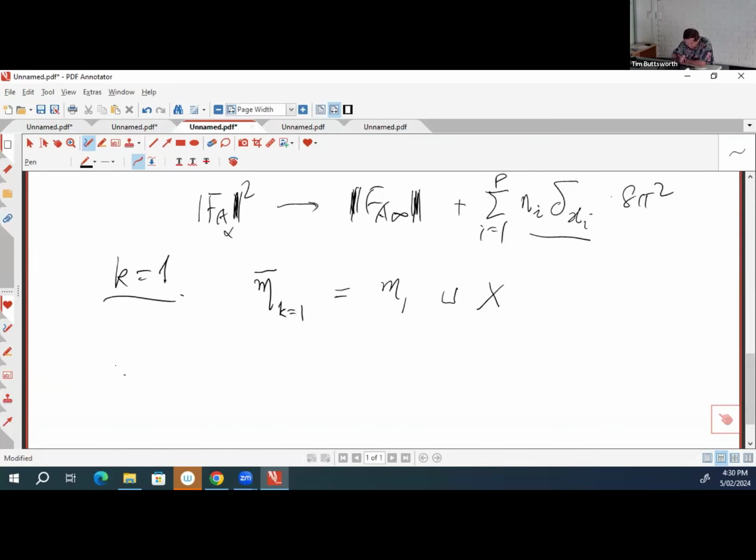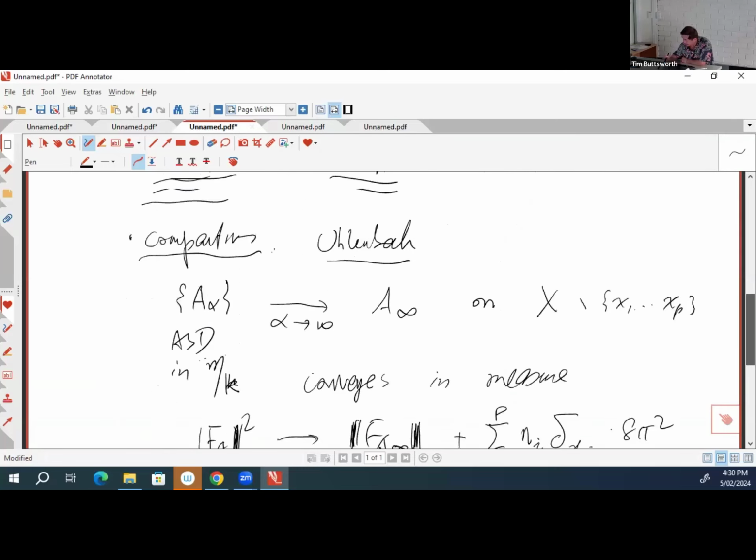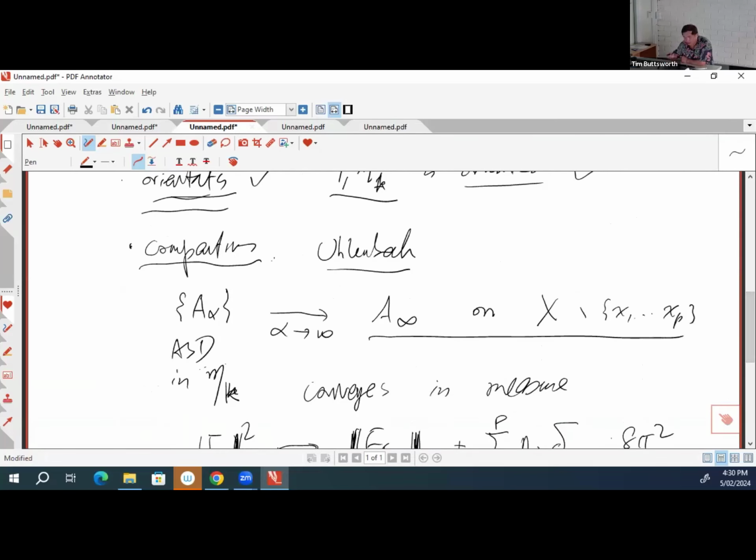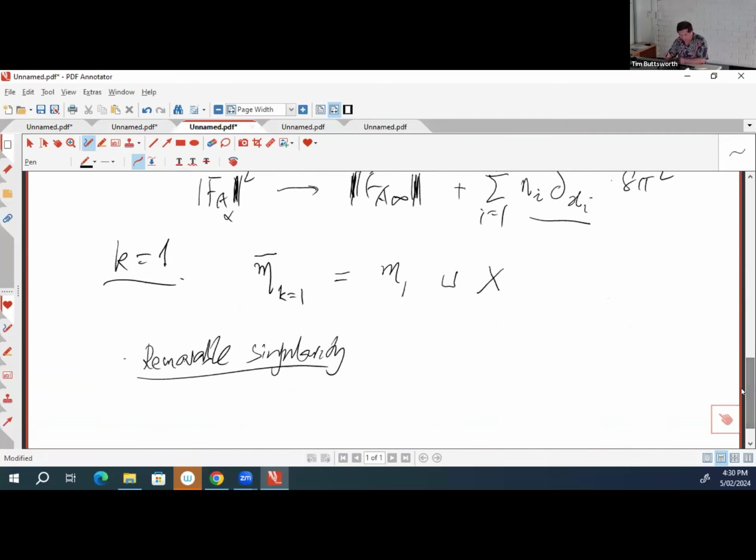There is the so-called Uhlenbeck removable singularity theorem. Essentially, you have an ASD connection with certain properties, and you can extend it to a different bundle. So you will get a bundle, essentially this A infinity, from a moduli space of different k, which is k prime, essentially k minus the sum of the k_i for i from 1 to p.